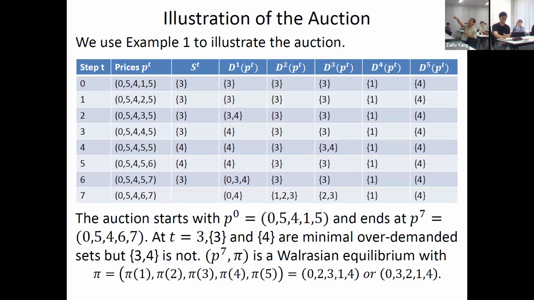Like 3 here. You see, this is over demanded, right? But it's not a minimum over demanded set, because we have to consider that any non-empty proper subset of this one should not be over demanded. But this 3 is over demanded.